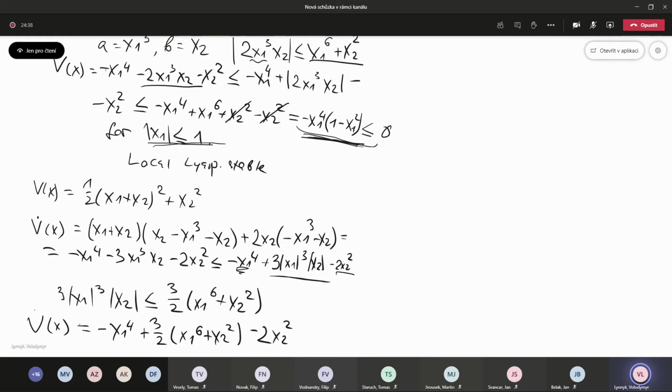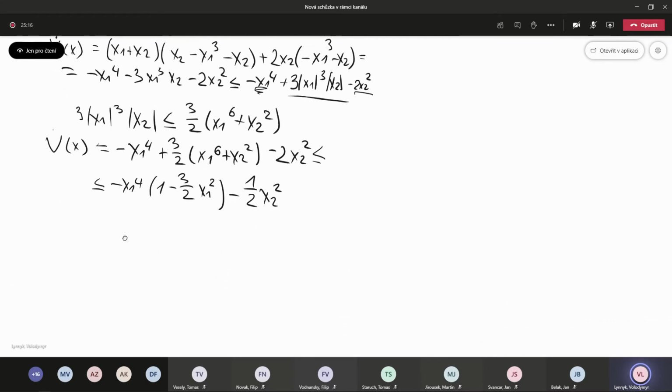And now this is all less or equal to minus x1 to the 4th degree (1 minus 3/2 x1 squared) minus 1/2 x2 squared.